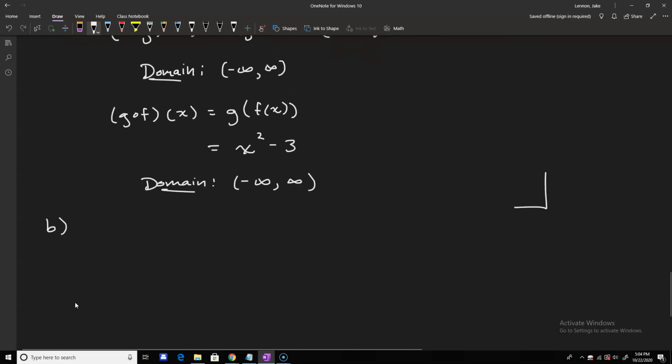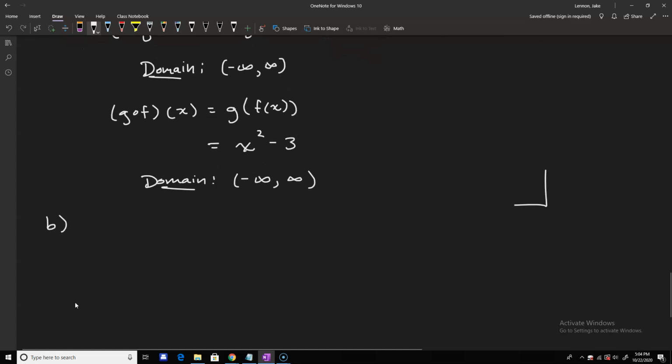For part B, let's talk about just finding some pointwise values. So let's find f of g of 5 and g of f of 7.